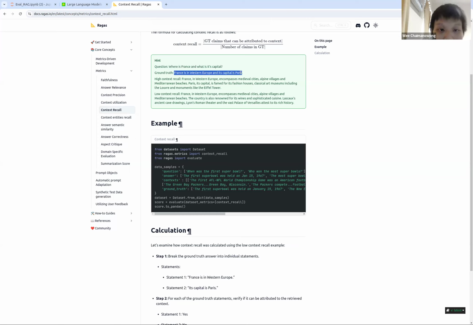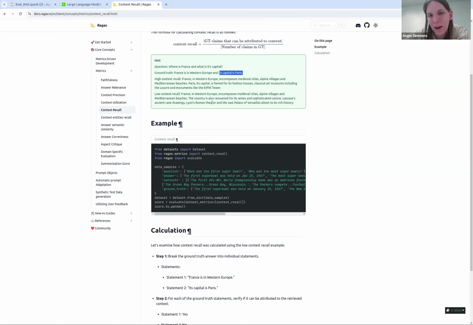So in this case, even though it's a single sentence, this is why I was saying, for Yao, I'm not sure if a professor at Harvard counts as one thing or two. In this case, one of the claims would be France is in Western Europe, and the second claim is that the capital of France is Paris. So this is really two claims.